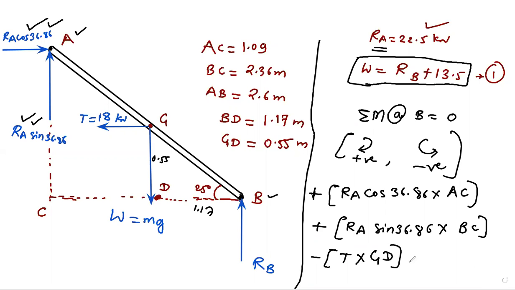Then W, again anti-clockwise, W into the force is vertical, the distance is horizontal, that is BD, equate to 0. Is it okay? Anyone having difficulty?